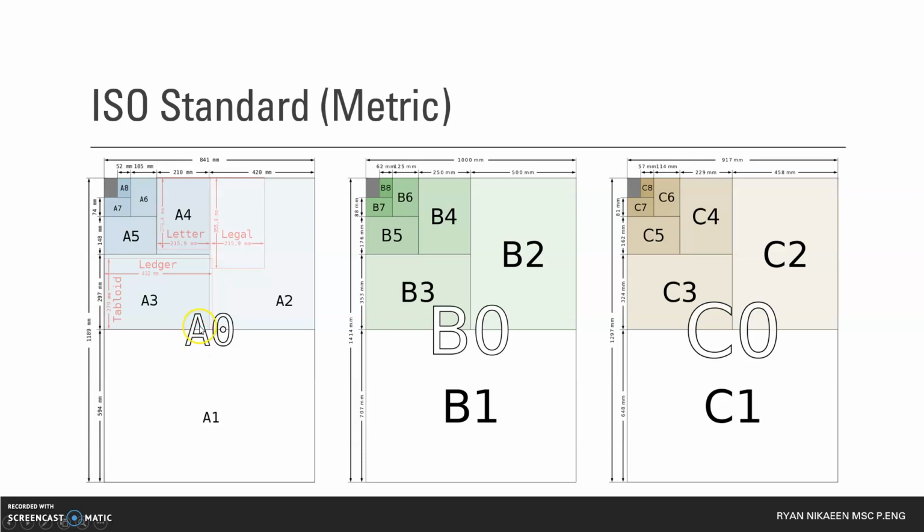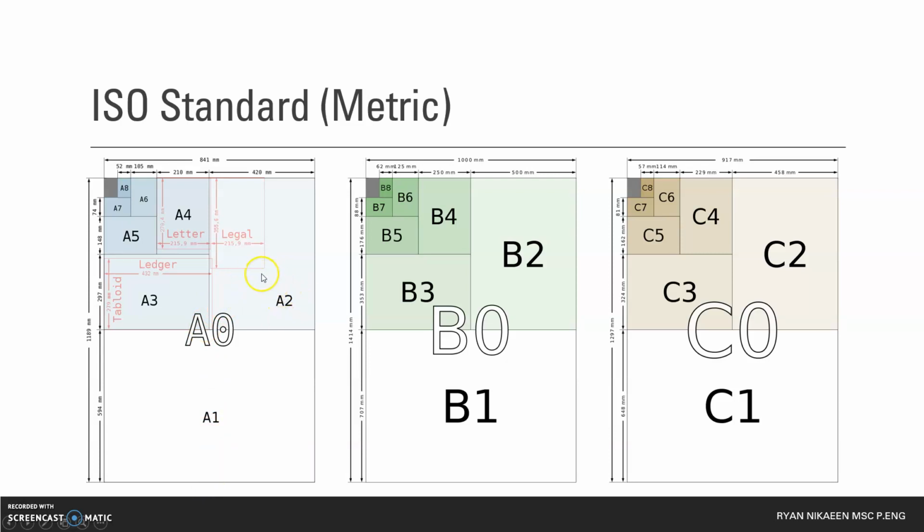If you fold A0 from the middle, we call that half A1. The same idea: if you fold A1 from the middle line, we call it A2.